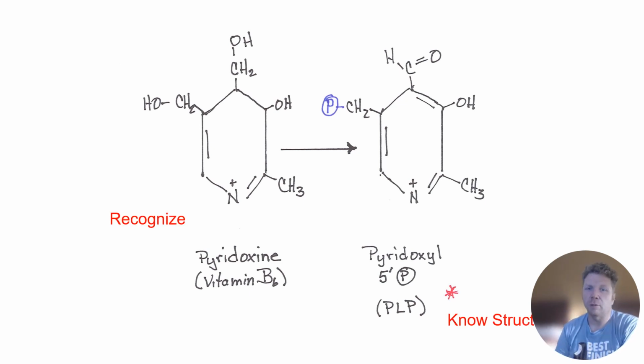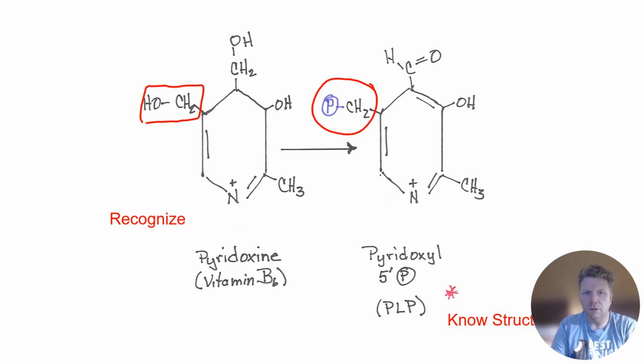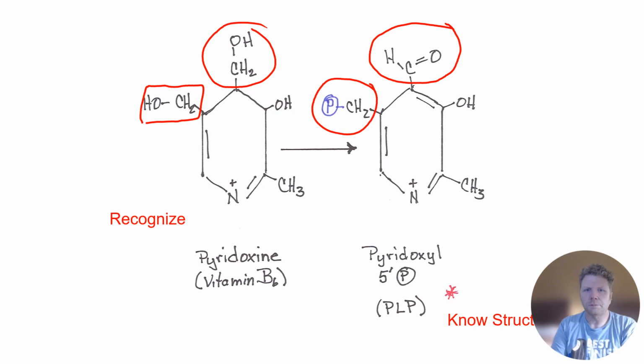I want you to be able to recognize and differentiate between these structures. Your biggest points are the phosphate found here compared to this hydroxide group, then this carbonyl carbon versus this alcohol right here, and then ultimately our double bond placement in response to that.